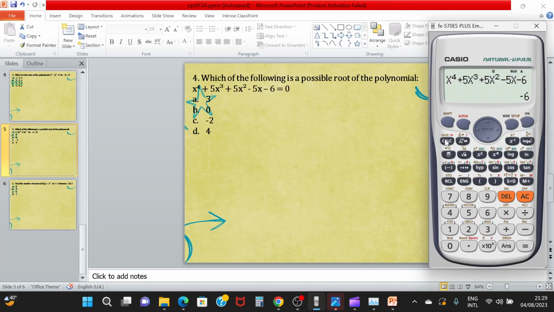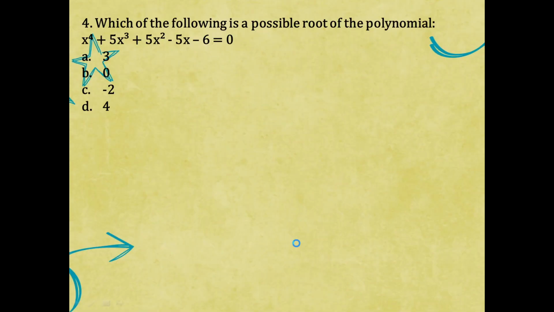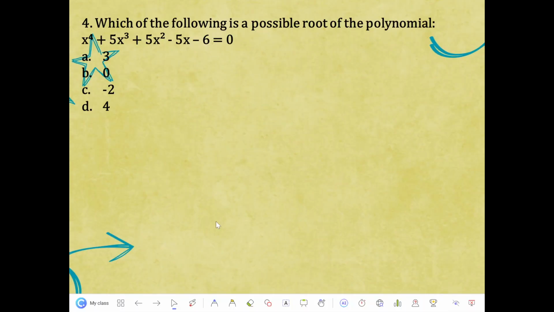And then, calc ulit. Negative 2. So, dito, 0 ang nakuha natin. Kaya, ibig sabihin, negative 2 is a root of the polynomial given. Okay? So, ang tamang sagot sa question na ito ay negative 2.